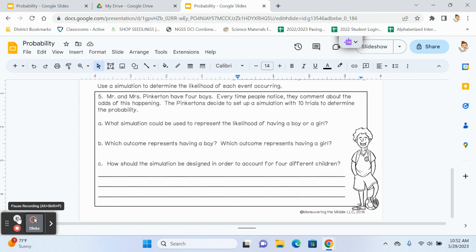So you have to get creative and get some ideas about what you think could be used. Here's the hint. I don't want you to use the exact same situation that we used before. So if you notice this one says having a boy or a girl, I don't want you using the card example that I use, and I don't want you using the coin example.